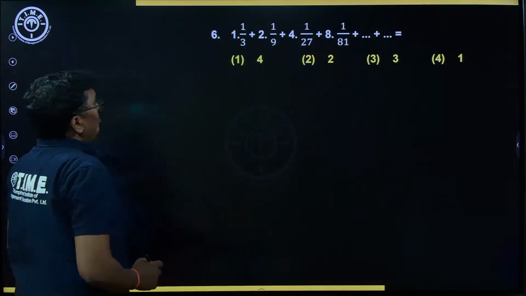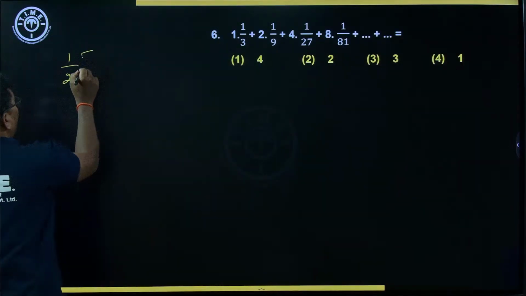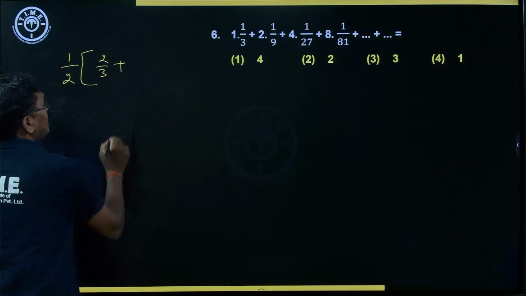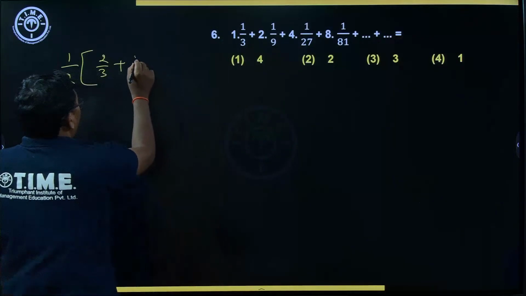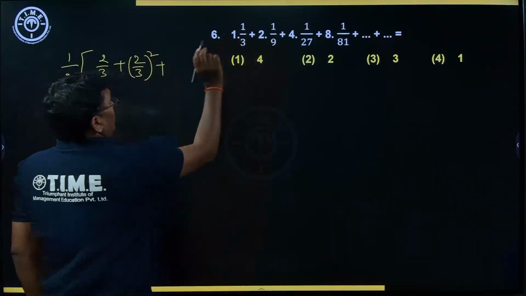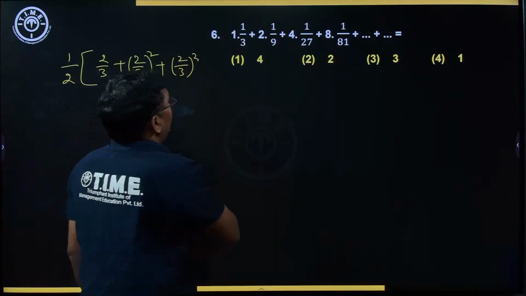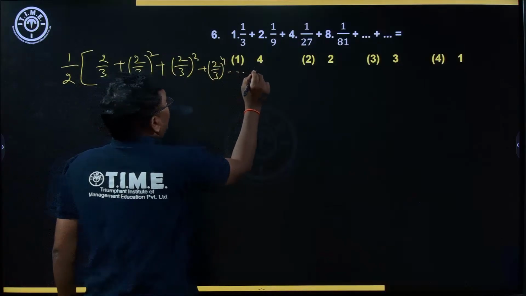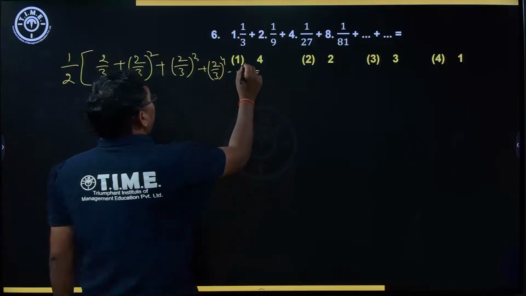Again, if you multiply and divide with 2, it becomes 1 by 2 into 2 by 3 plus 4 by 9, that is 2 by 3 whole square, and 2 by 3 whole cube, and 2 by 3 whole power 4, and so on.